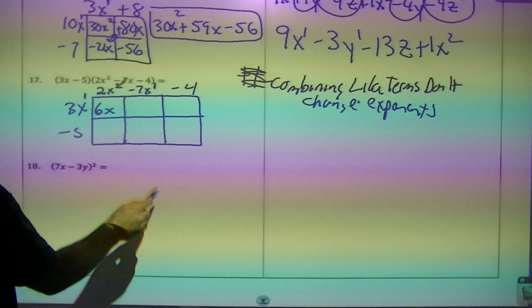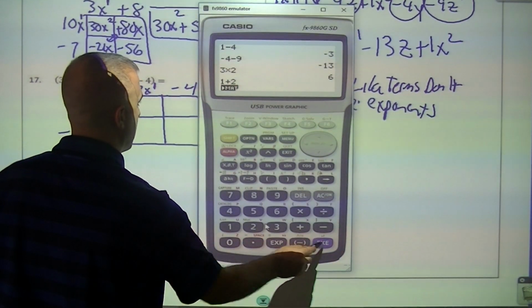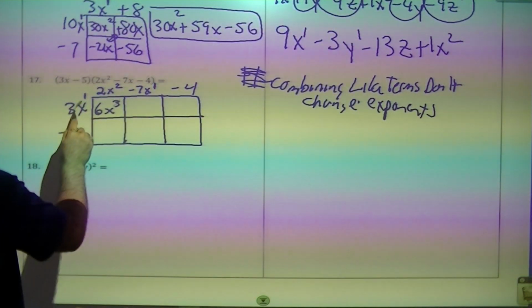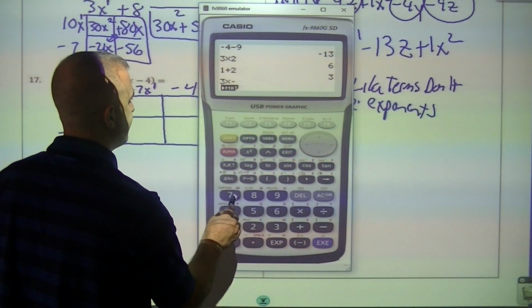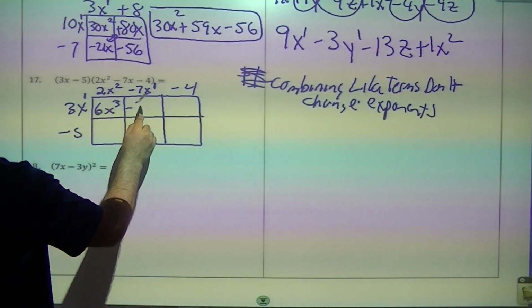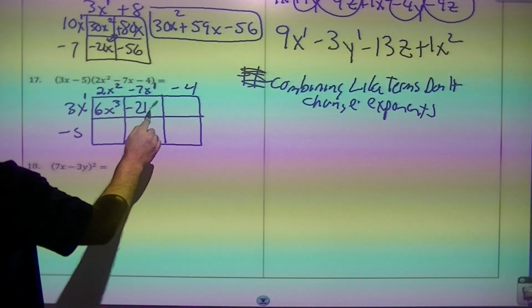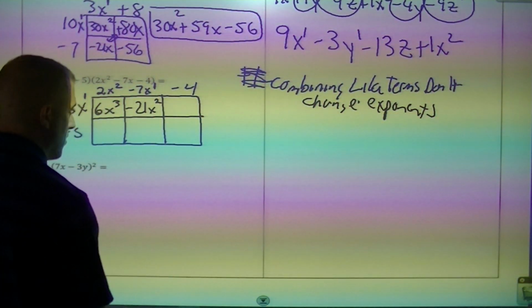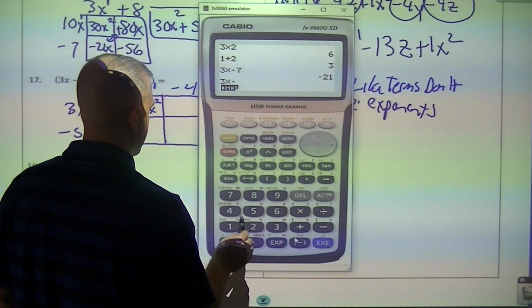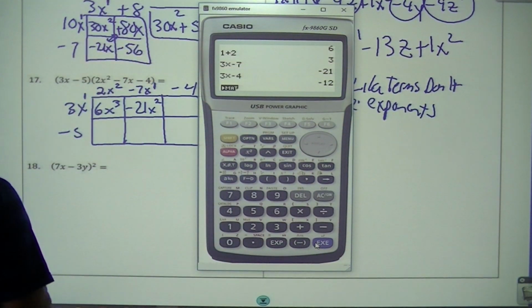If I add the 2 and the 1 and the 2, I get 3. Then I'm going to do this times this. So 3 times -7 is -21. If I add the exponents there, I get x squared. 3x times -4, since the -4 does not have anything.